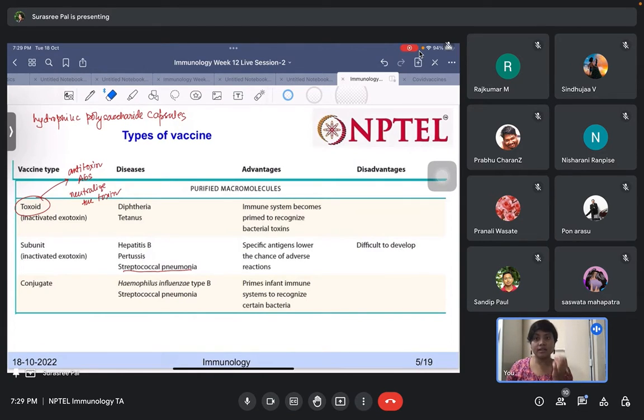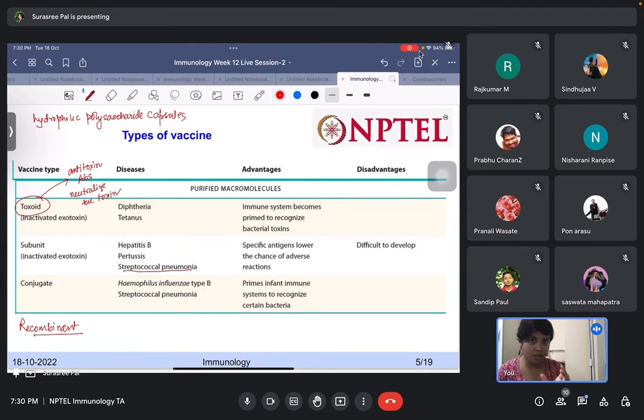Next, coming to the recombinant vaccines. The gene which encodes the immunogenic protein can be cloned and expressed in cultured cells using recombinant DNA technology.